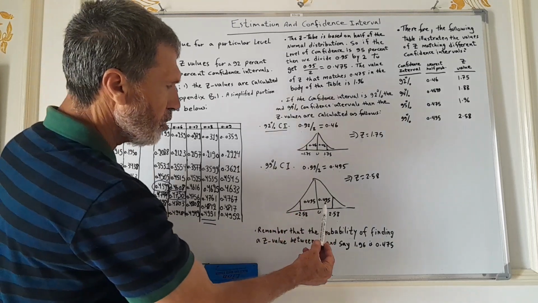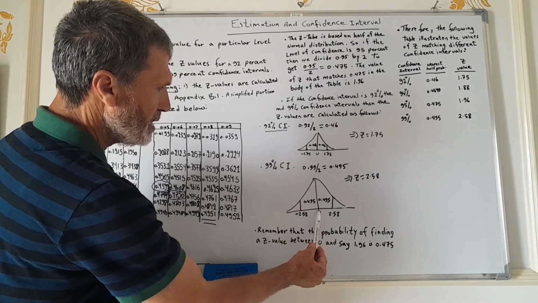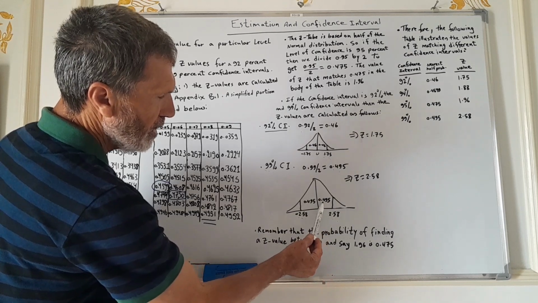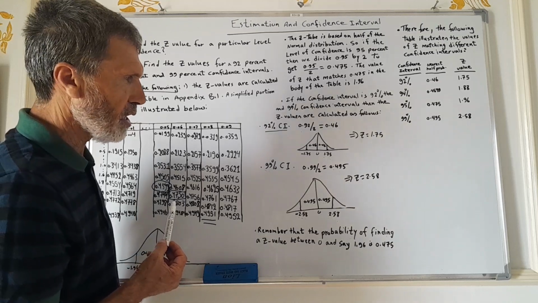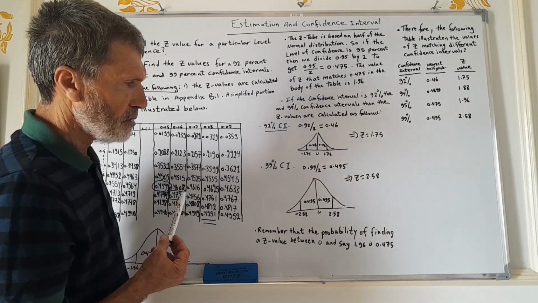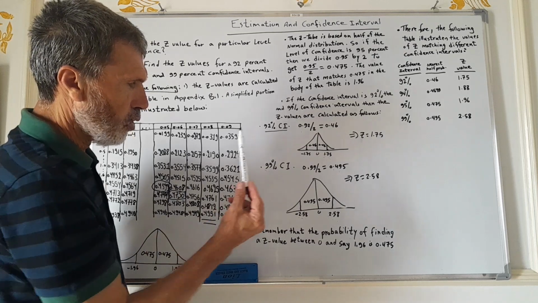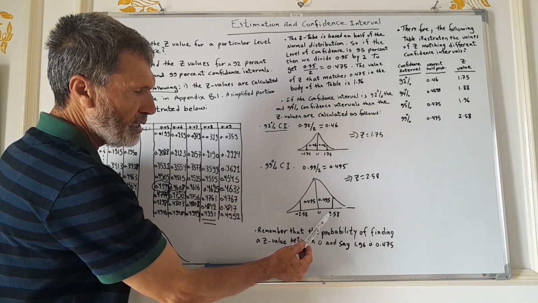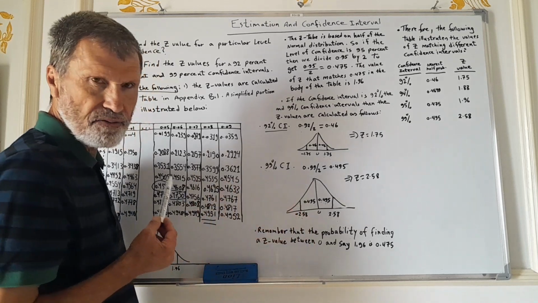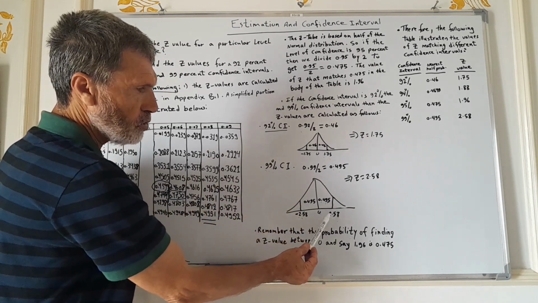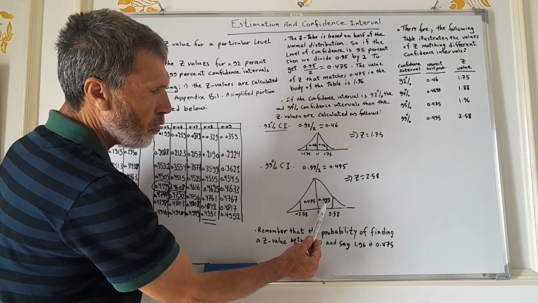Or the probability of finding a z-value between 0 and 2.58 is equal to 0.495. Or the area that corresponds to a z-value of 2.58 is 0.495.